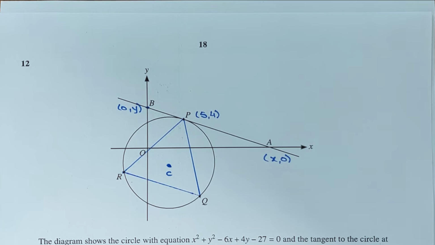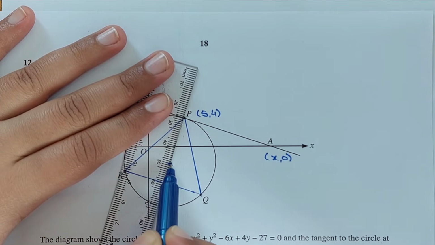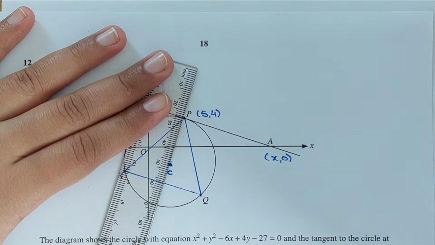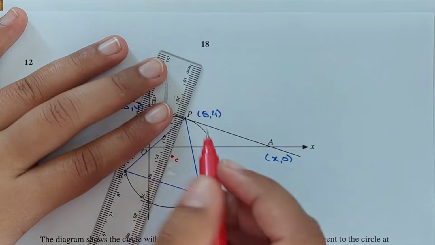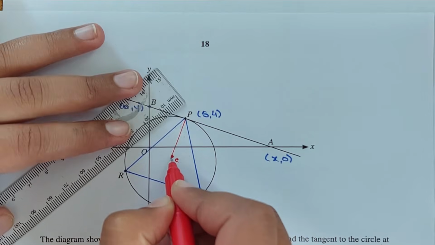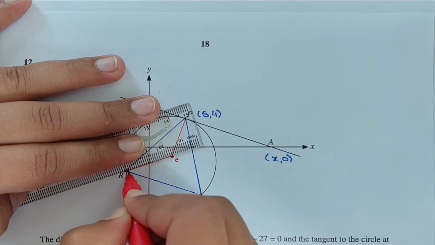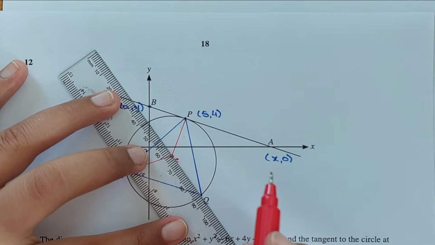If I connect P, we know that from the center to a point on the circumference is the radius. CP is the radius, CR is the radius, CQ is the radius.